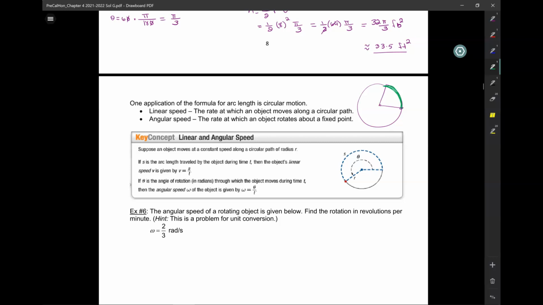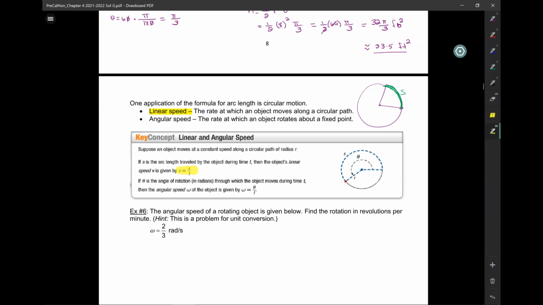So once you have the distance that you've traveled, if you want to find your speed, then it's just that distance S over T. We call that linear speed because it's the speed of you walking along that line. Linear speed is given by V equals S over T, the distance you walked divided by the time.